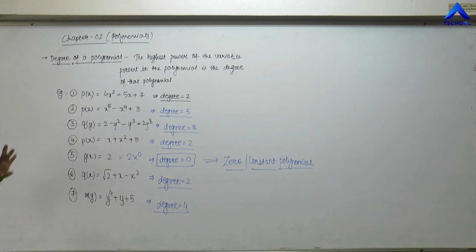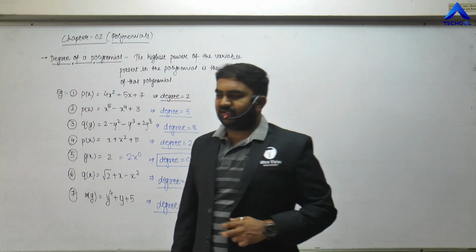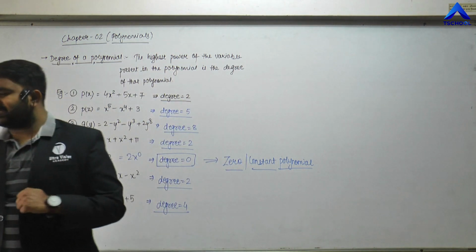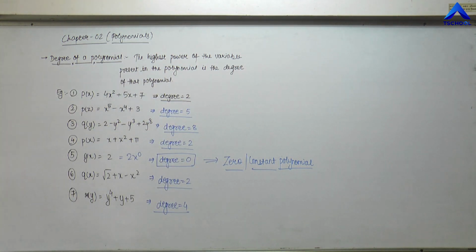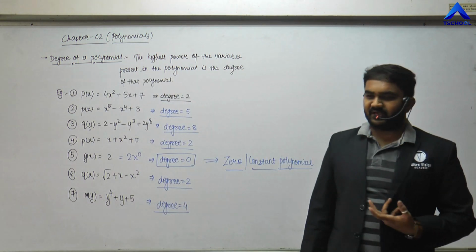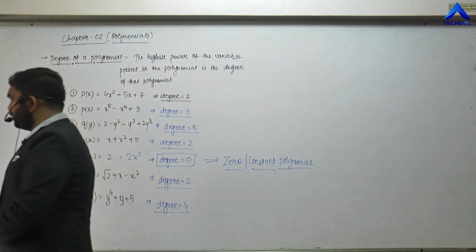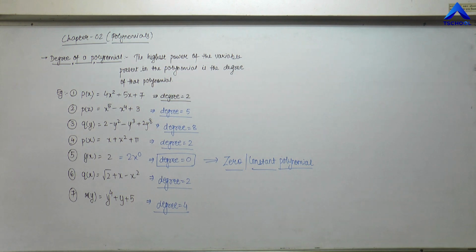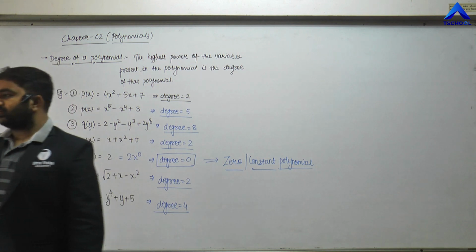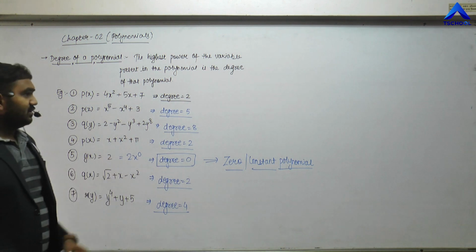Only and only a constant value. That means none of the terms present in a constant or 0 polynomial will contain any variable. Right? So that is known as a constant polynomial or 0 polynomial by the condition that it has degree 0. If it has degree 0, then it is known as a 0 polynomial. Or if you say that it only has a constant term present, then it is known as a constant polynomial. So in this way you can define the constant or 0 polynomial.